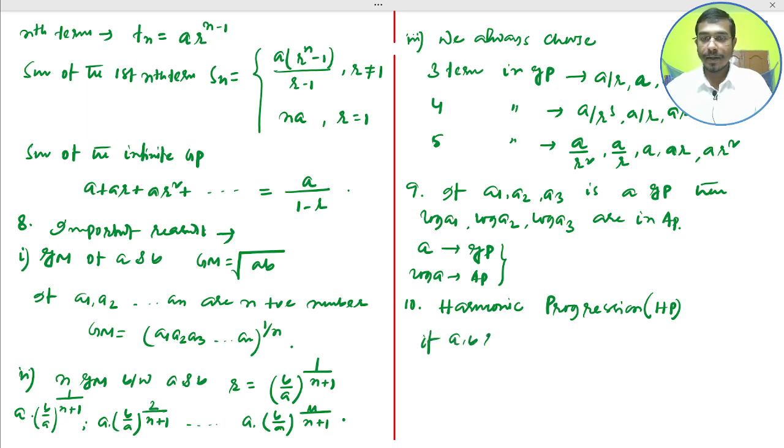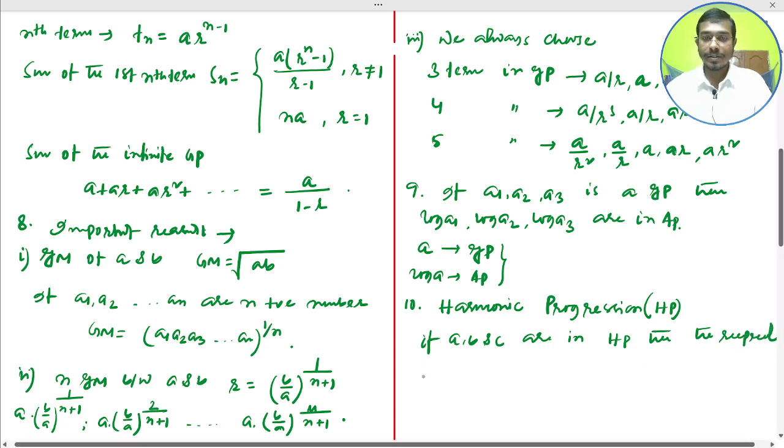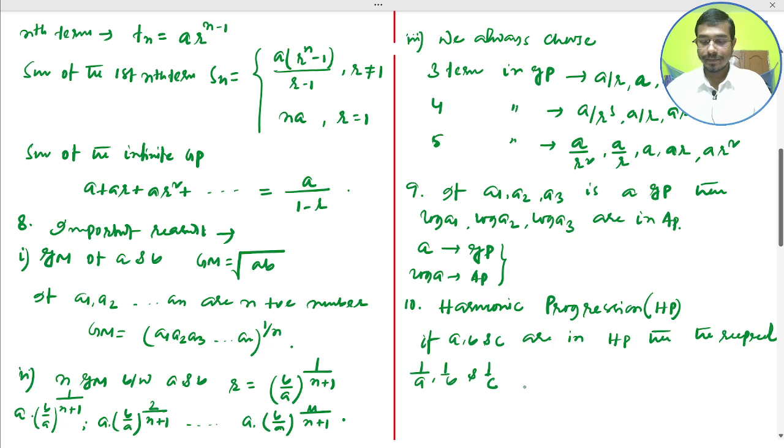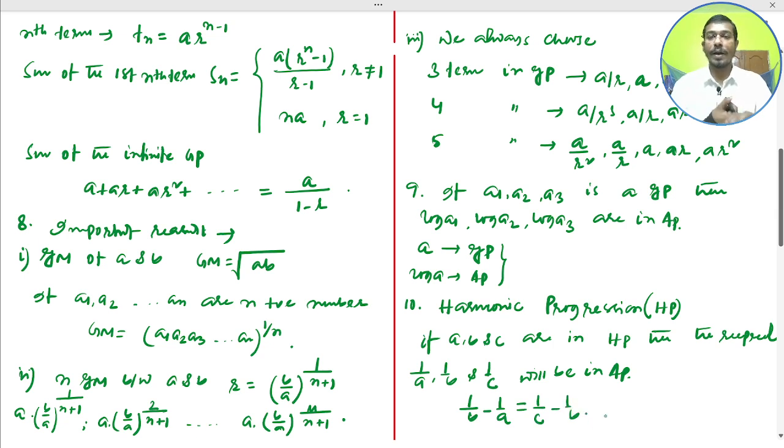If A, B and C are in HP, then the reciprocals 1/A, 1/B and 1/C will be in AP. That means 1/B minus 1/A equals 1/C minus 1/B. This is the definition of harmonic progression.